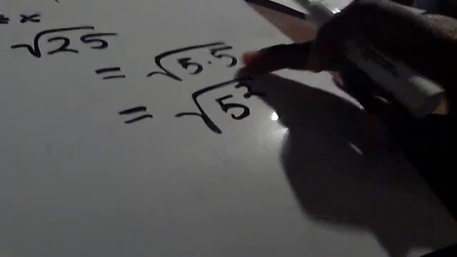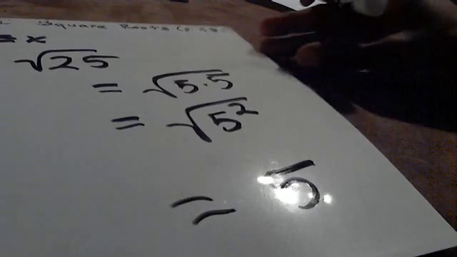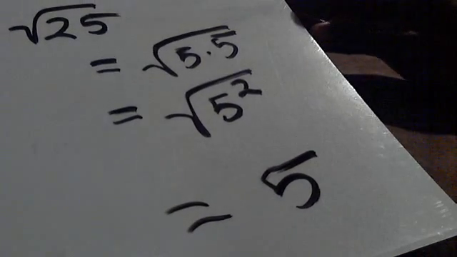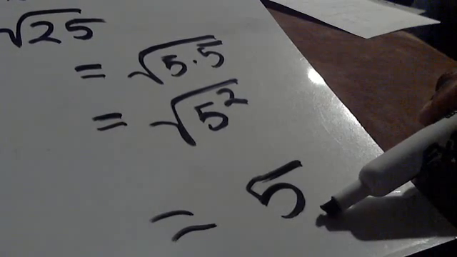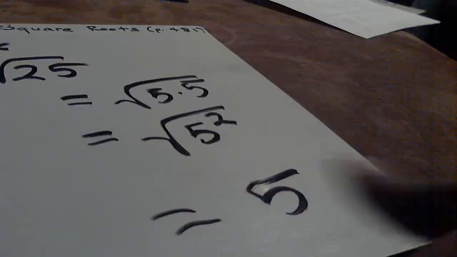This is 5 times itself twice, so that's the same thing as 5 to the second power. So that's just 5. That's how a problem like this, square root of 25, would look with all the work shown. And it's equal to 5 because 5 times 5 is equal to 25. All right? That's one square root problem.